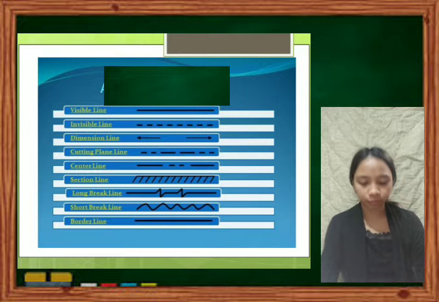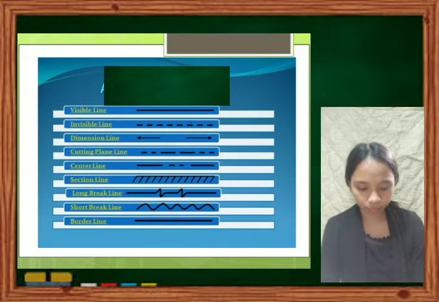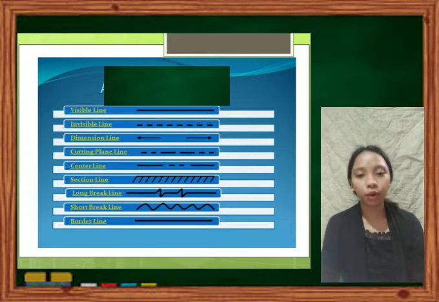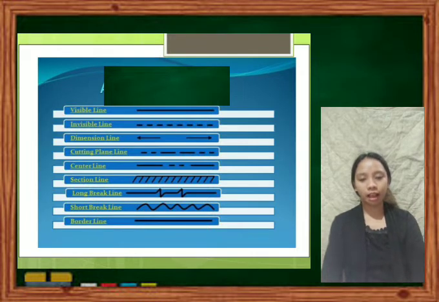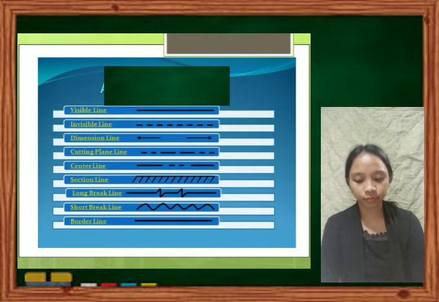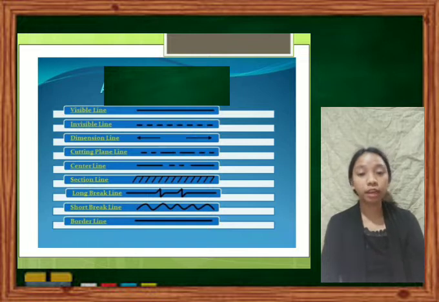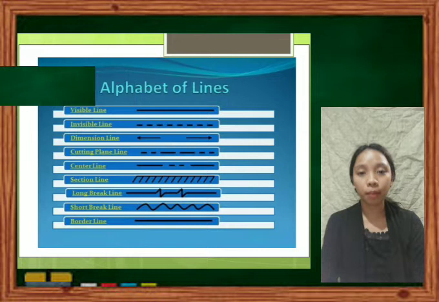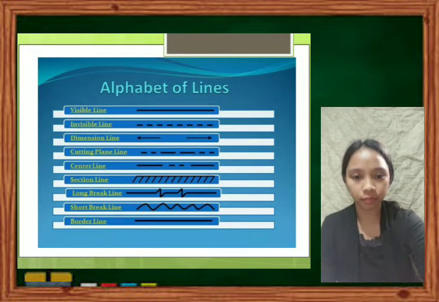Okay, let's start. Okay, since all of you are done, good game, class. So, what are the words hidden in the symbols? Very good. So, the word hidden in the symbols is what we call alphabet of lines.